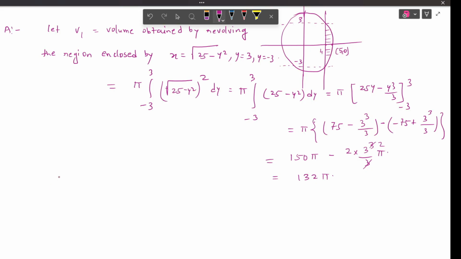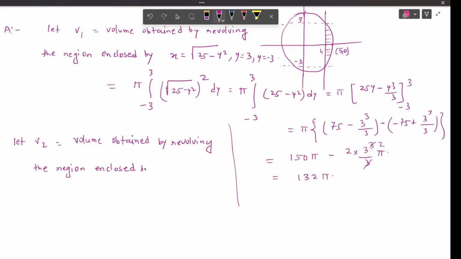And let V2 be the volume obtained by revolving the region enclosed by the lines.